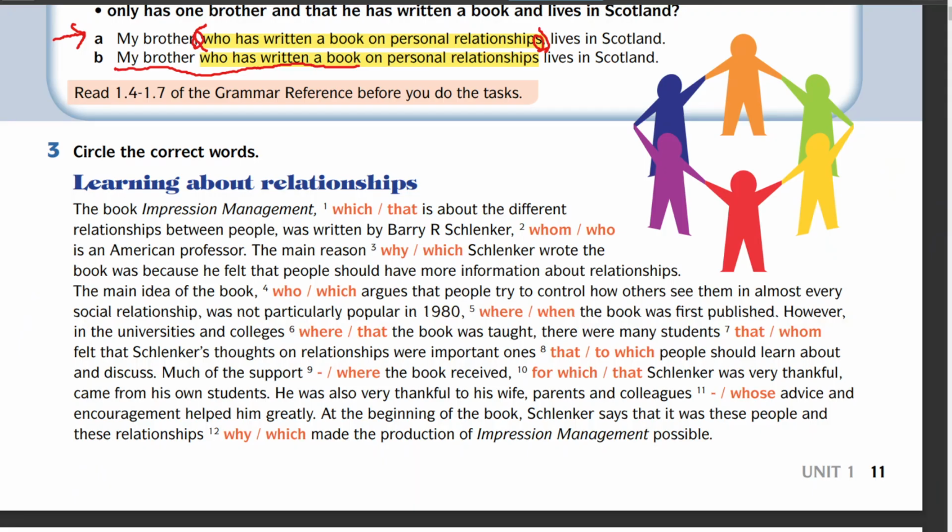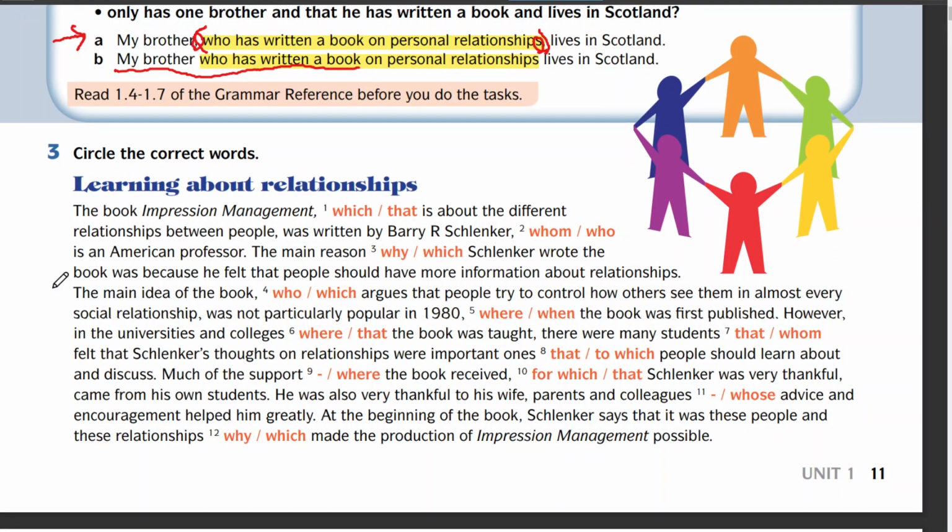If you do have any further questions, you can just contact me and ask. Okay, so now we are going to look at the exercise down below. Learning about relationships. Circle the correct answer. So what I need you to do is to write this entire thing, keseluruhan semua sekali ni, in your book and choose the correct answer.